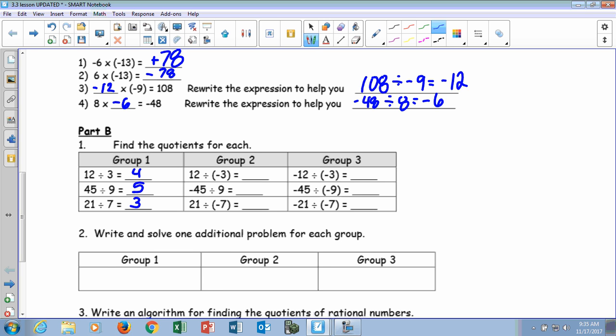All right, what about group 2, Lily? All right, good. What about the last one? Group 3. Ashley.